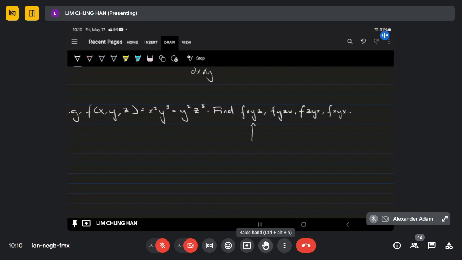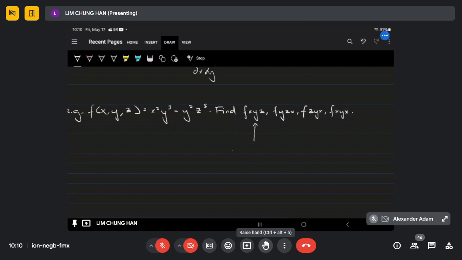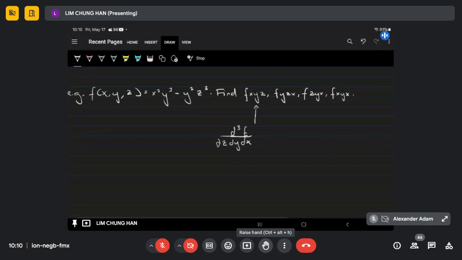So basically what I mean is, these are a simplified way of writing this: d cubed f dz dy dx. It's a simplified way of writing this. Okay, so let me give you a simple example.